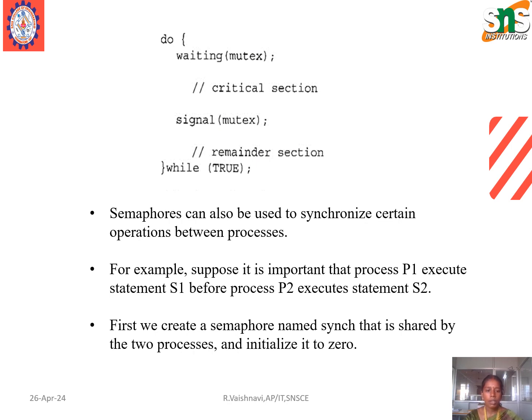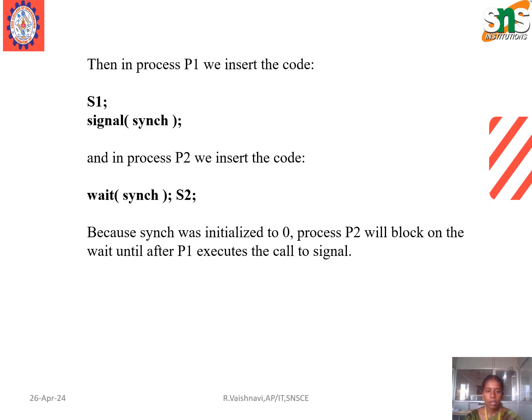Next, semaphores can also be used to synchronize certain operations between processes. For example, suppose it is important that process P1 execute statement S1 before process P2 executes statement S2. First, we create a semaphore named synchronize, shared by the two processes, and initialize it to 0.